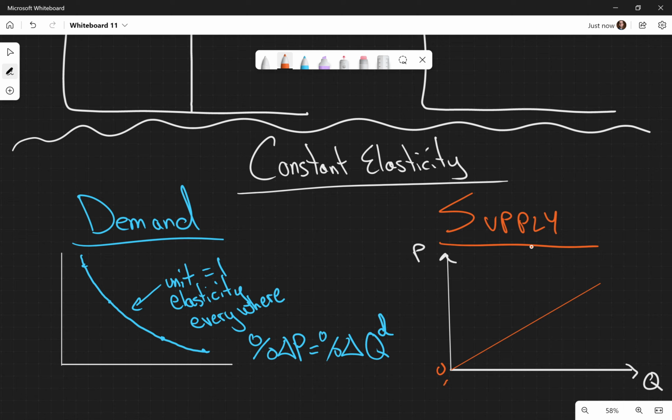So those are the requirements there. And the slope here, m, is equal to the slope here.